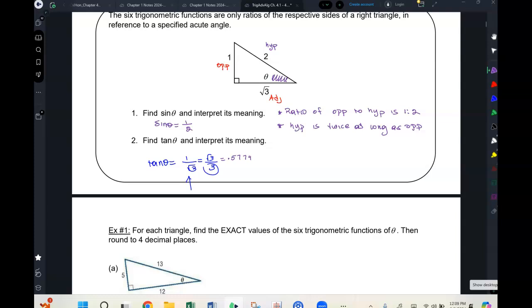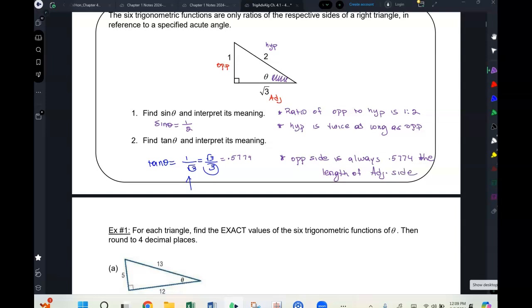So what does this mean? This is the ratio of the opposite to the adjacent. That means the opposite side is always 0.5774 the length of the adjacent side.